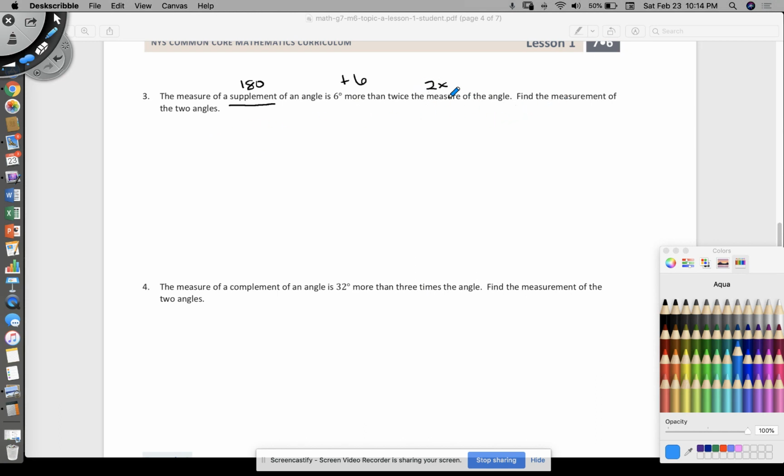One of them is mentioned as being twice as large, so one of the angles must be x, and the other is going to be 2 times bigger than that, plus 6. When we add all that together, we get 180 degrees. So 1x plus 2x gives me 3x plus 6 equals 180 degrees.